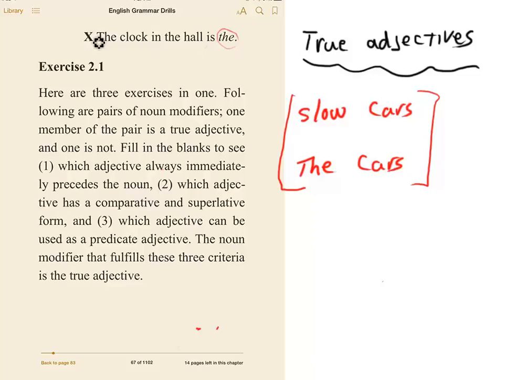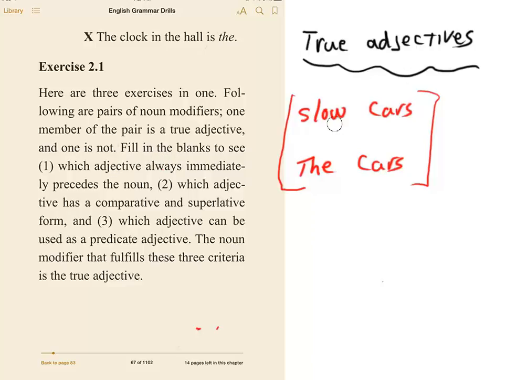All right, so that's the difference between true adjectives and articles, and we're going to talk about articles in depth in the next section. But right now, we're just talking about true adjectives. Okay, so in exercise 2.1, there are 3 exercises in one. Following are pairs of noun modifiers. One member of the pair is a true adjective, and the other member is not.